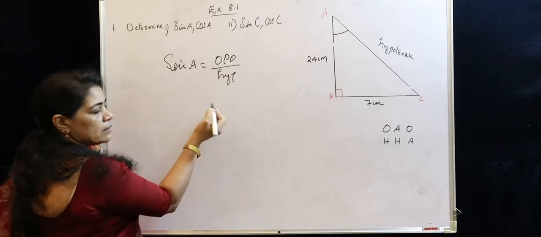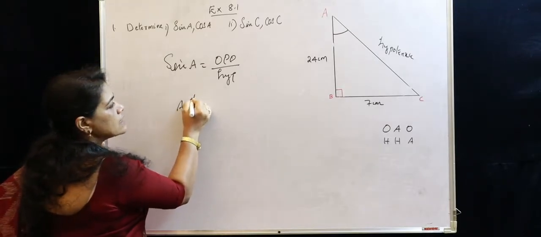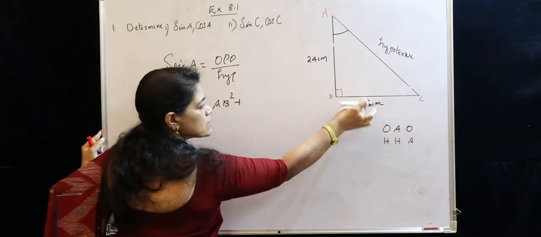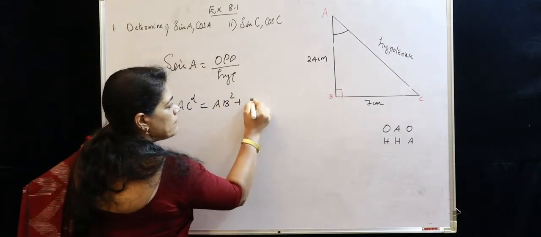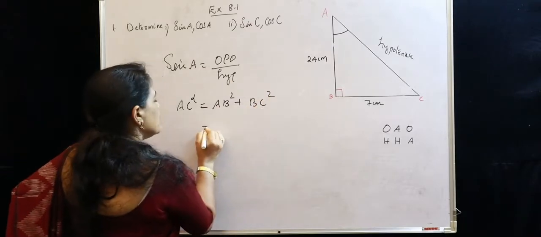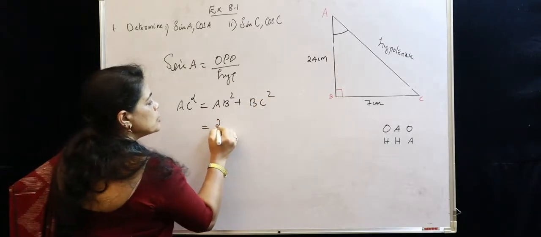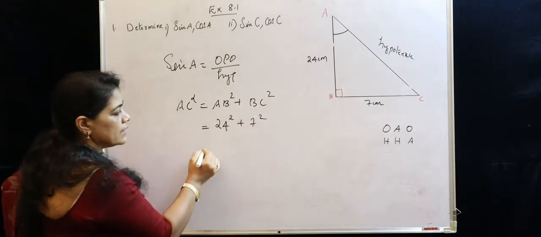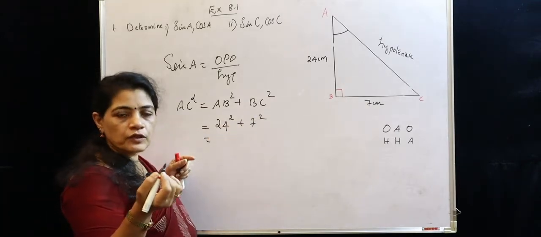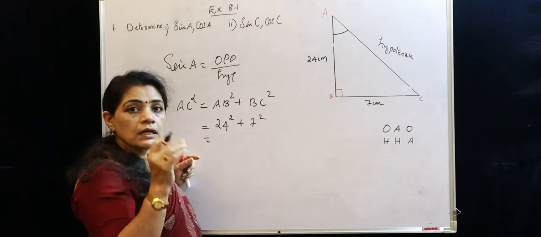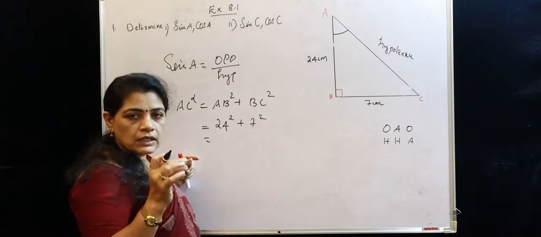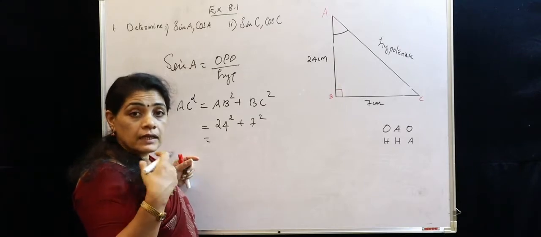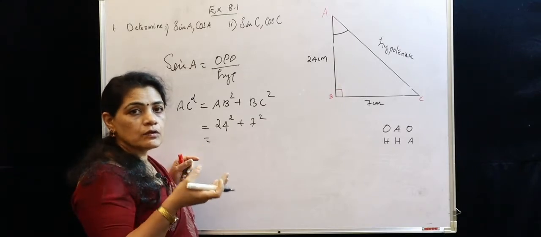By Pythagoras theorem, AC square is equal to AB square plus BC square, that is 24 square plus 7 square. What is the square of 24, children? It would be better to learn squares from 1 to 30 and cubes from 1 to 10. That will help you get the solutions quickly.